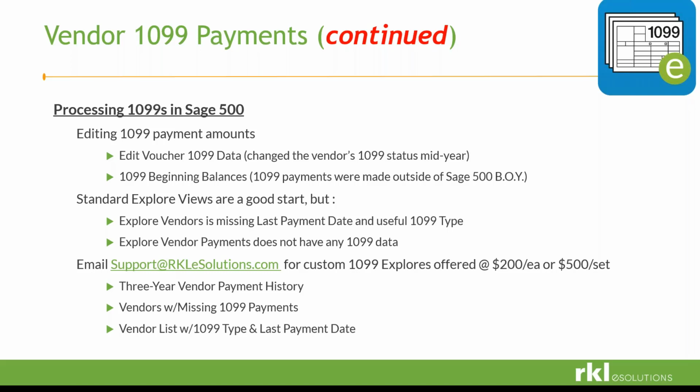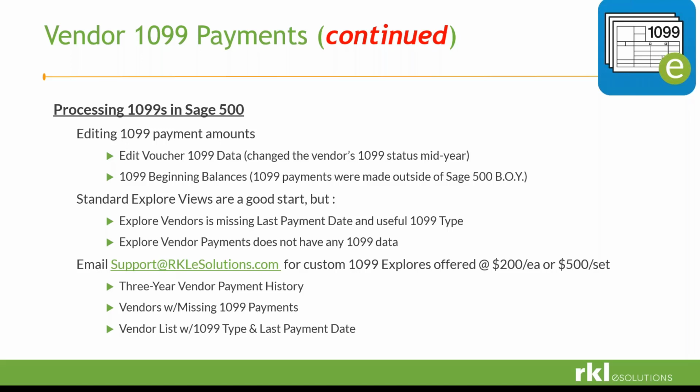The second option would apply if you started using Sage 500's accounts payable mid-year and had already made payments to your vendors that were 1099 reportable earlier in the year on some other system.